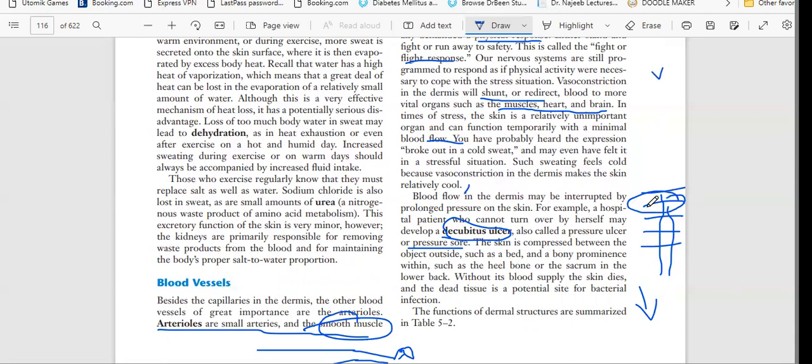So when you put the patient on the bed, and they are not able to move from one side to another, mainly in the back side, posteriorly, the skin gets damaged and the patient will get a pressure sore. So you will get a bed sore, the skin will be damaged.